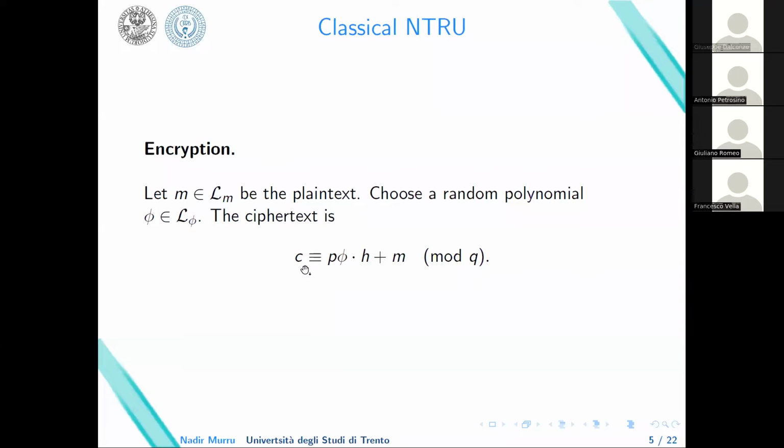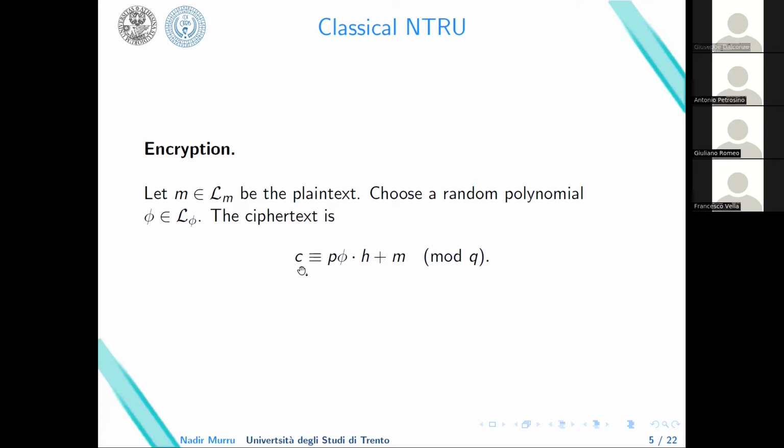So the ciphertext is just obtained multiplying the public key h by the polynomial phi that you have randomly sampled in this set and multiply by the integer p. Then you sum with the plain text. All the computations are performed in R, and also we have the reduction of the coefficients modulo q.